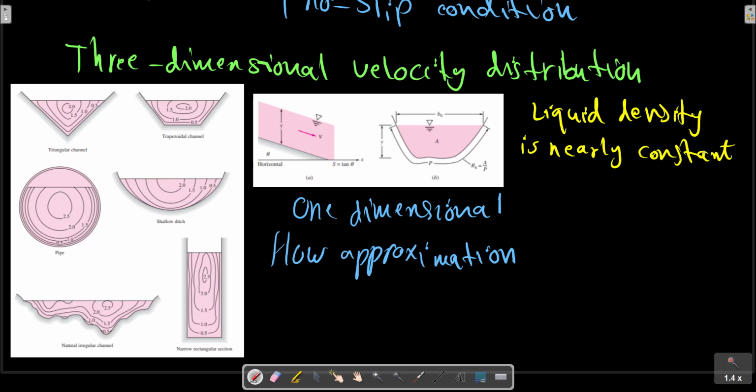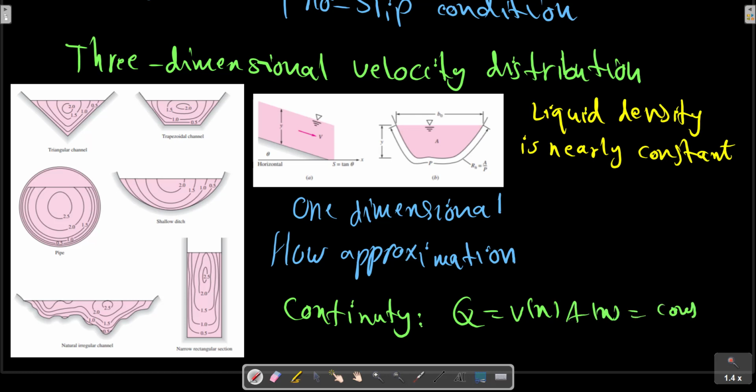The steady flow continuity equation reduces to a constant volume flow along the channel.